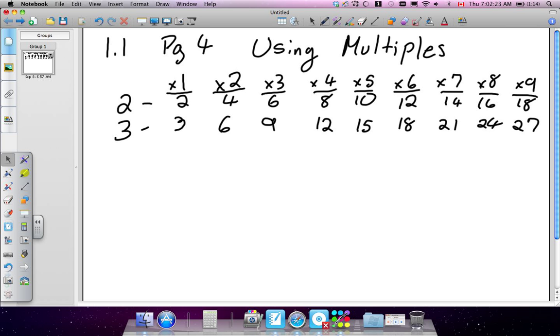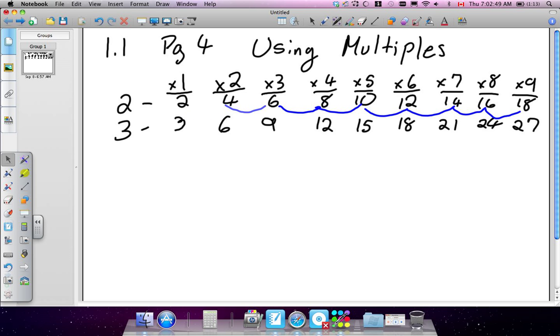Now one thing you can notice is when you do multiples, it's the same as skip counting by the number we're multiplying by. I multiplied by 2 all the way through, and I multiplied by 3 all the way through. Well, it's the same as skip counting. I went 2, 4, so we skipped by 2 again, 6, skip by 2 again, 8, 10, 12, 14, 16, 18.